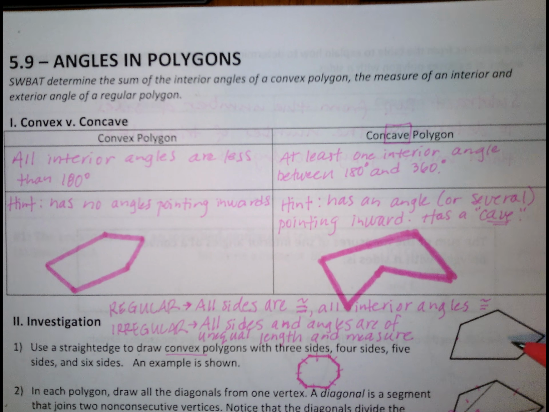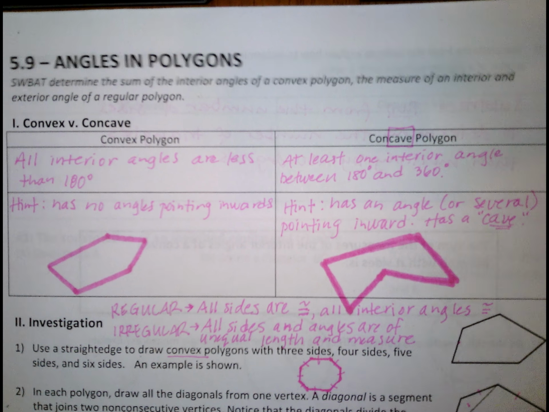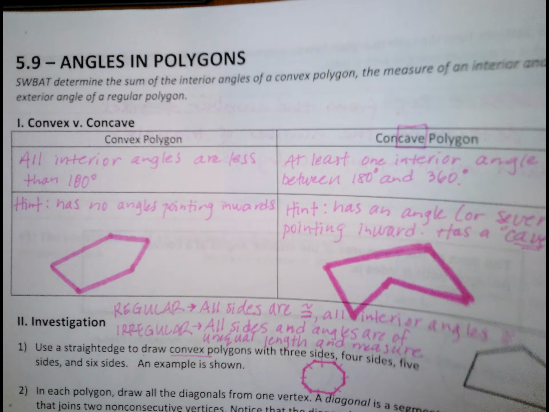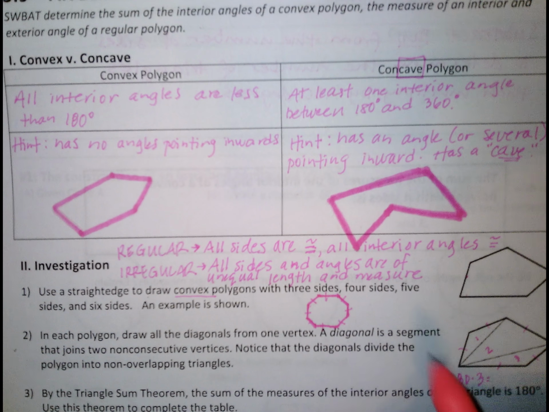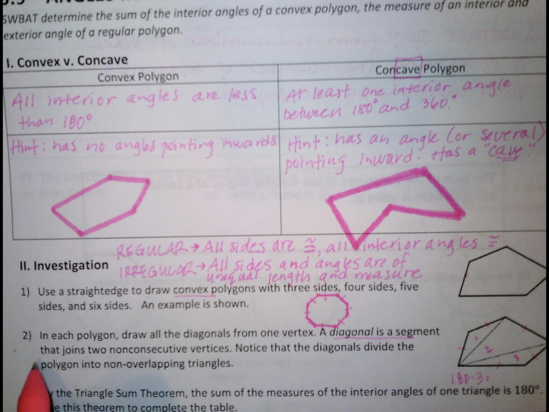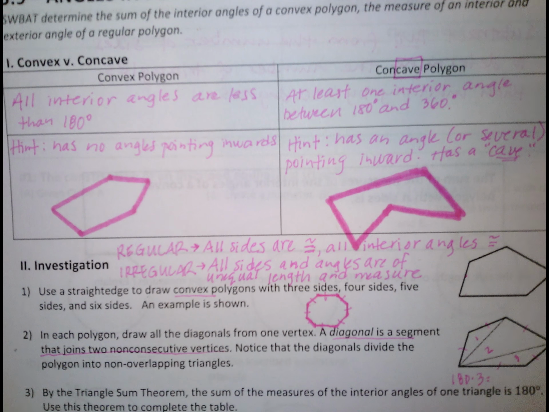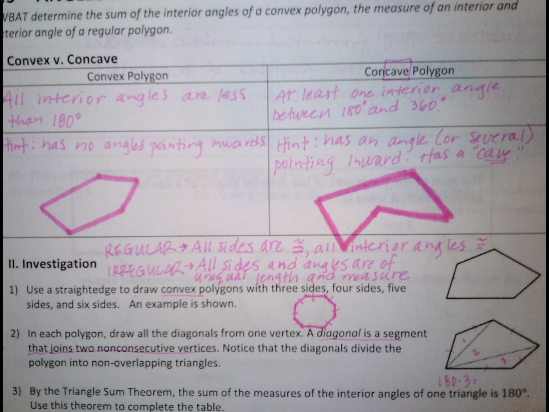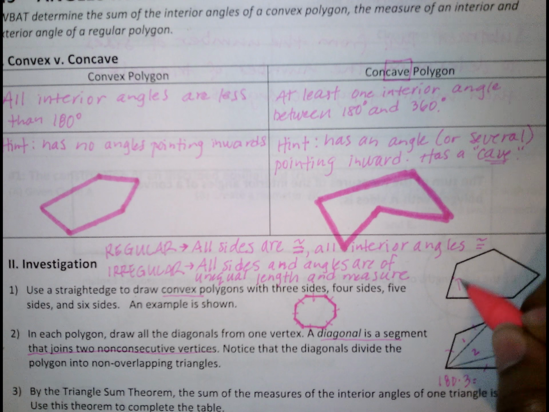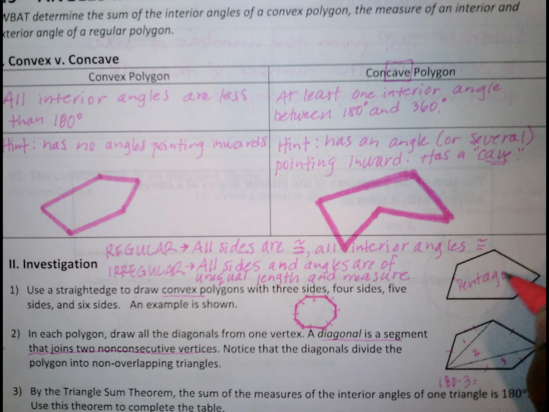The next part of the investigation is to draw all diagonals from one vertex. A diagonal is a segment that joins 2 non-consecutive vertices. Essentially, a diagonal is a segment that goes from one vertex to a vertex on the other side of the figure. In this case, we took this same 5-sided figure, which is called a pentagon because it has 5 sides.